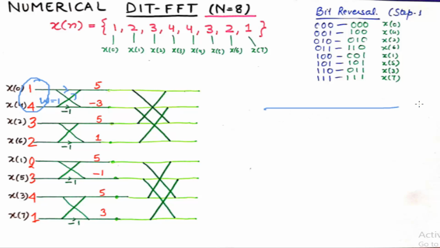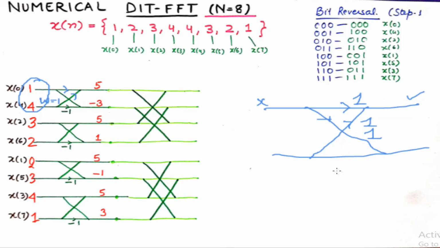In a butterfly diagram, you need to remember that when you go from this point to this point, you have a multiplier of 1. When you go this way, you have a multiplier of 1. When you go this way, the multiplier is 1. Only this has the multiplier -1.